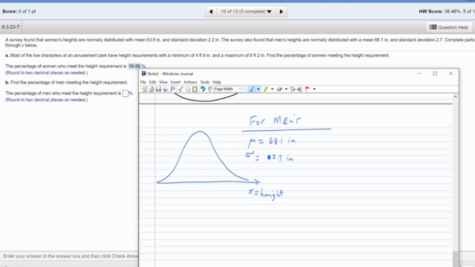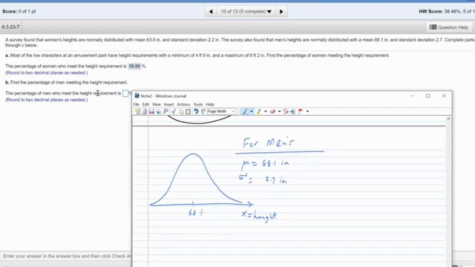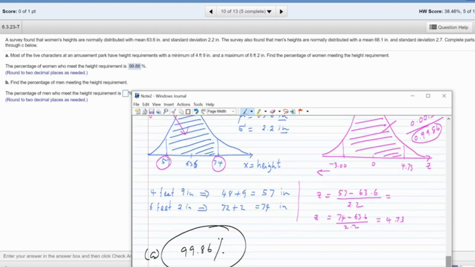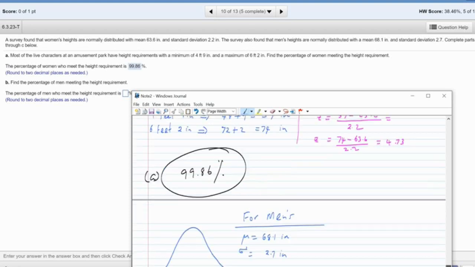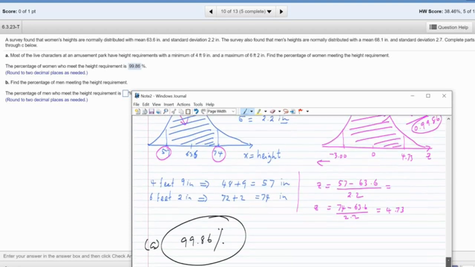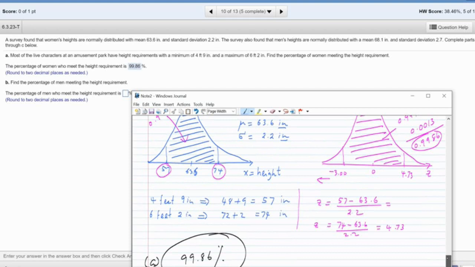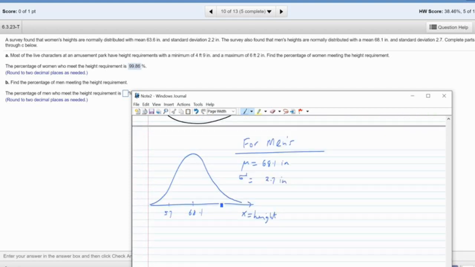Now the requirement is to be between 4 feet 9 inches and 6 feet 2 inches. We converted 4 feet 9 inches into inches in the previous part, which is 57, and 6 feet 2 inches is 74 inches.